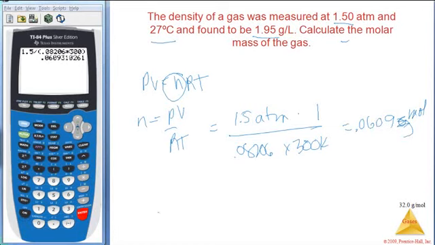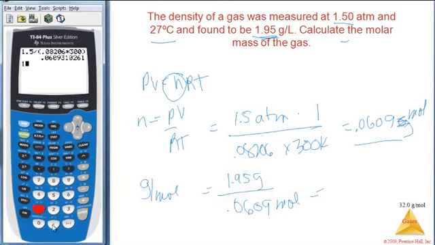So I have 0.0609 moles. Now molar mass is grams per mole, right? So if I take my grams, which I was given here, 1.95 grams, and I divide it by how many moles I have, 0.0609 moles, I get 1.95 divided by that number equals 32 grams per mole.